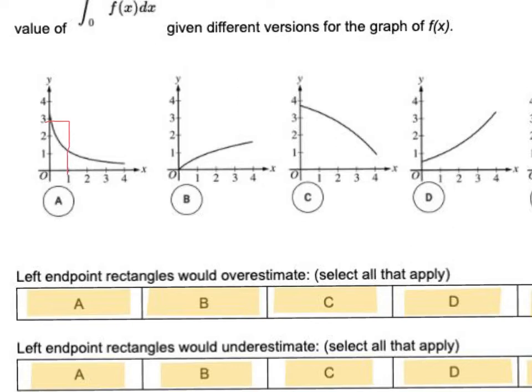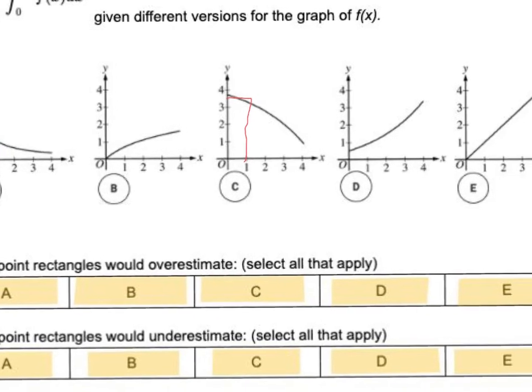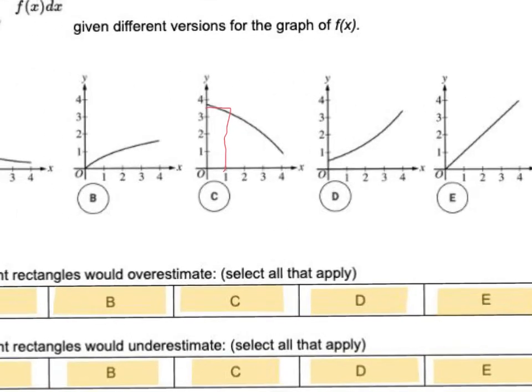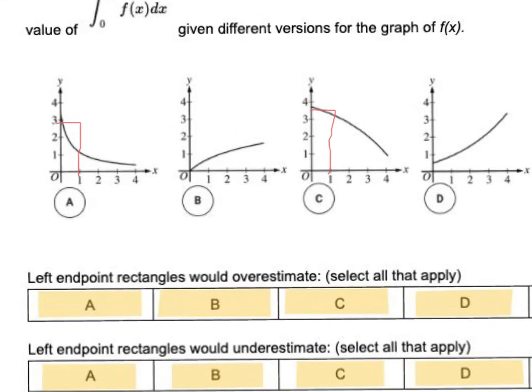The left endpoint will overestimate. And I think we've got one more that's increasing here at the end. So yeah, we have E is increasing, so that doesn't apply. If the function is decreasing, as it is in A and C, then the left endpoints will overestimate. If the function is increasing, as it is in B, D, and E, the left endpoints will underestimate.